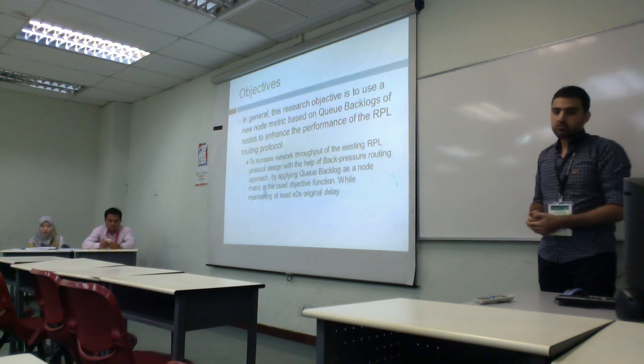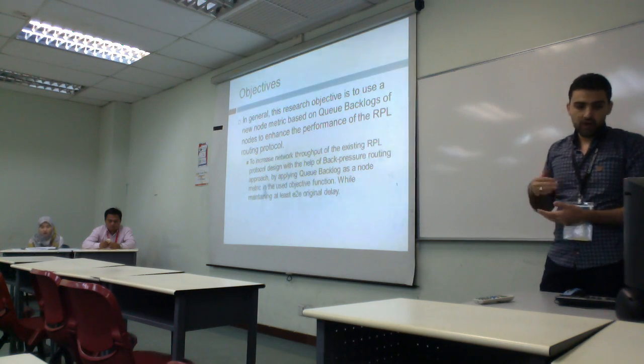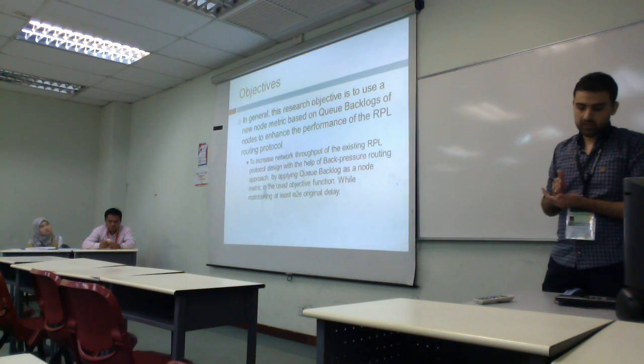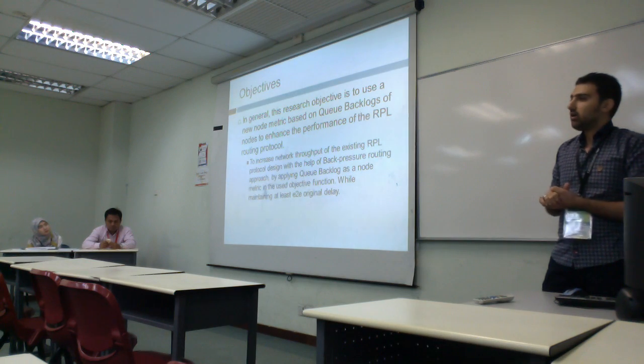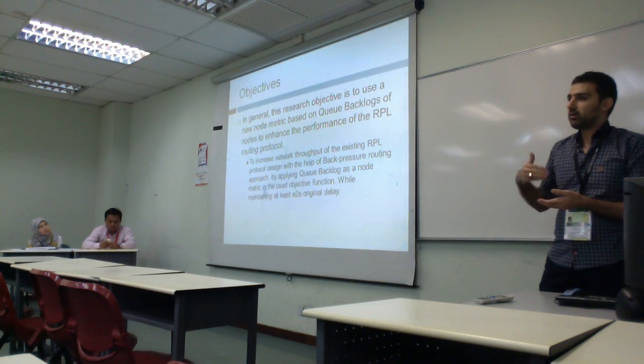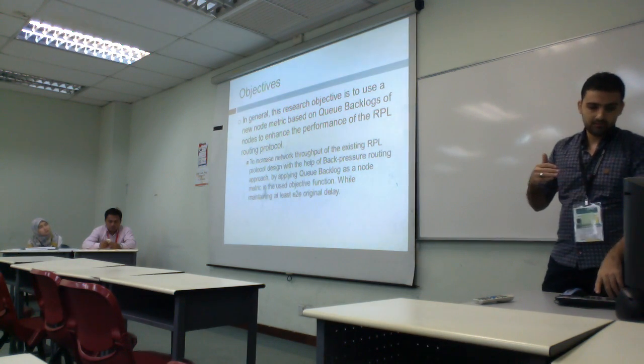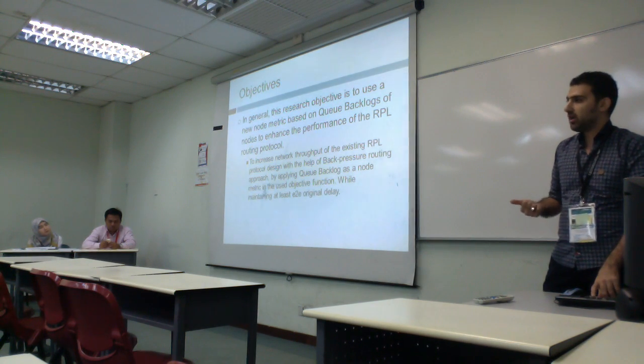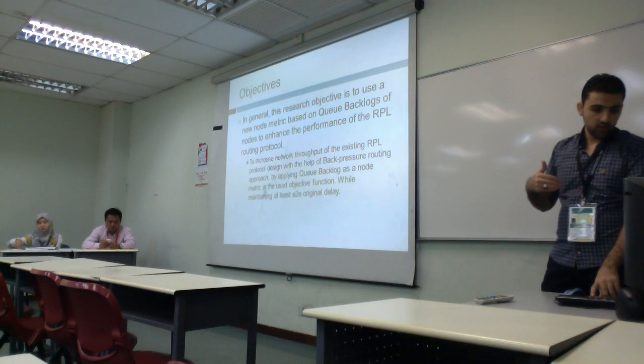So the objective is to have a node metric that is based on Q backlogs in order to increase our throughput for RPL, that will take into consideration the advantage of the back pressure.